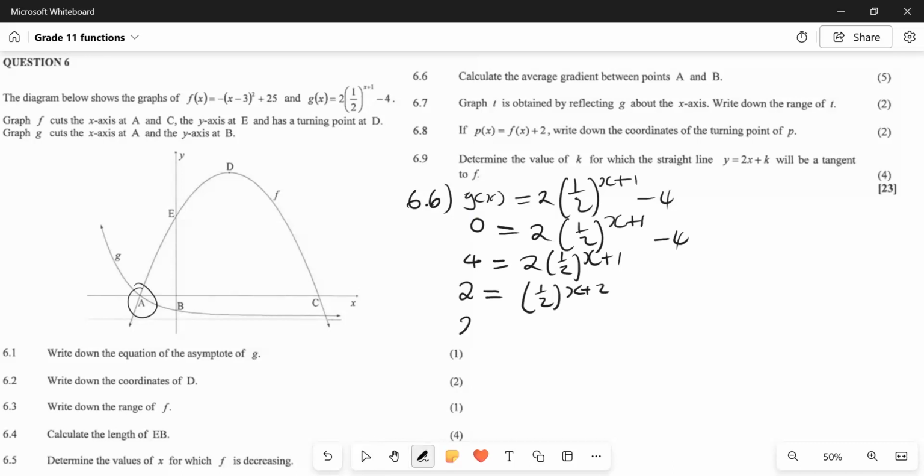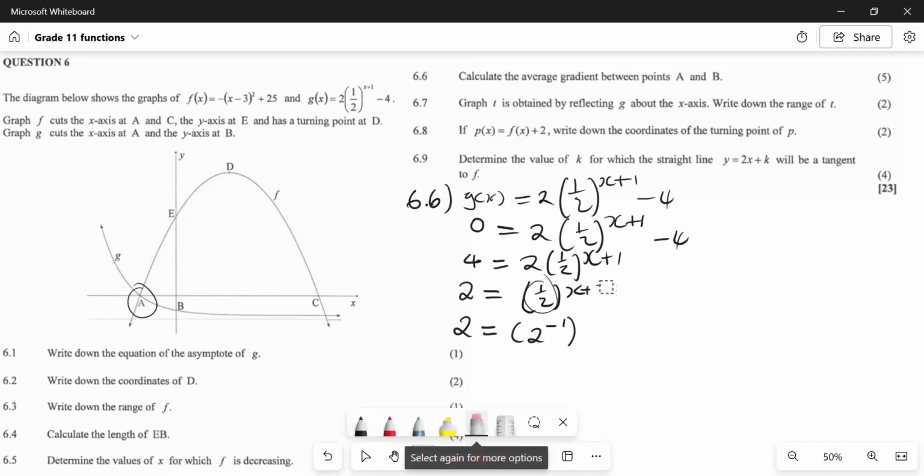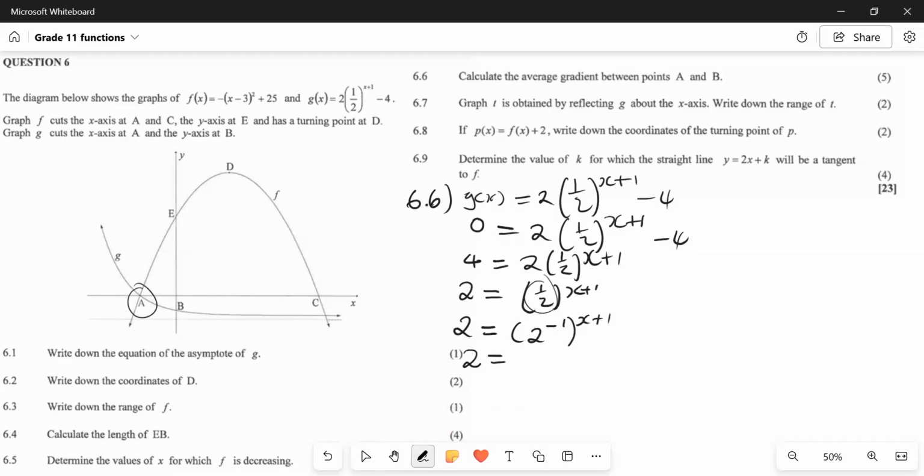And then we change this into exponential form. So you'll have your 2 to the power negative 1, and then this is just x plus 1. And then try and remove the brackets by distributing. So you have your 2, negative x, and negative 1.